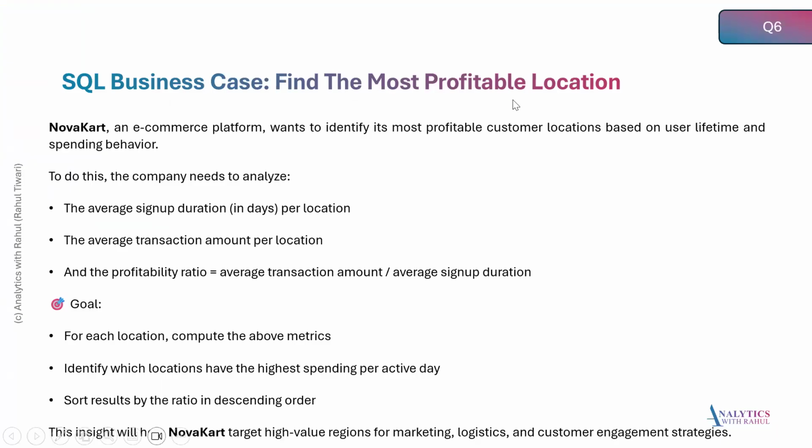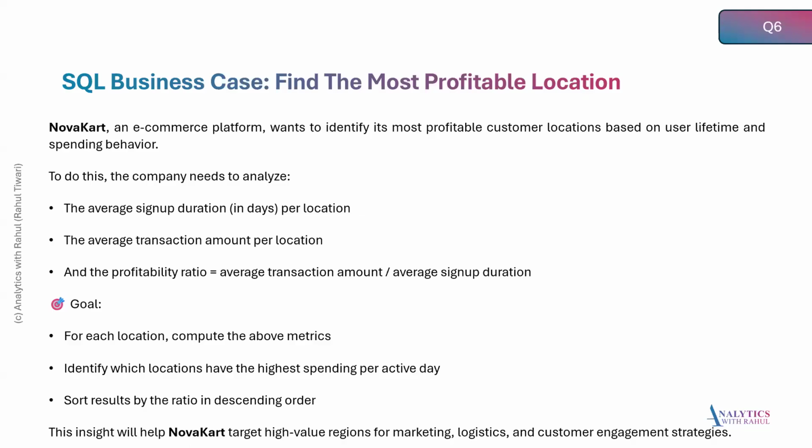Find the most profitable location. Novacart, an e-commerce platform, wants to identify its most profitable customer locations based on user lifetime and spending behavior. To do this, the company needs to analyze the average sign-up duration in days per location, the average transaction amount per location, and the profitability ratio that is equal to average transaction amount upon average sign-up duration.